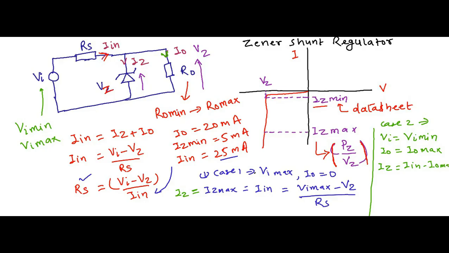So what is the Zener current? Iz equals I in minus I naught max, and you can also write it as the minimum Zener current, Iz min.